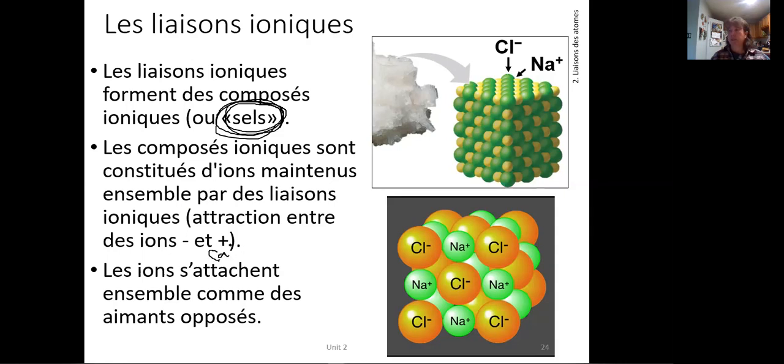What did we say the positive was? A cation. It's a negative ion, an anion. The ions stick together like opposite magnets. And in the case of sodium and chloride, they form a crystal structure. So they form a cube.